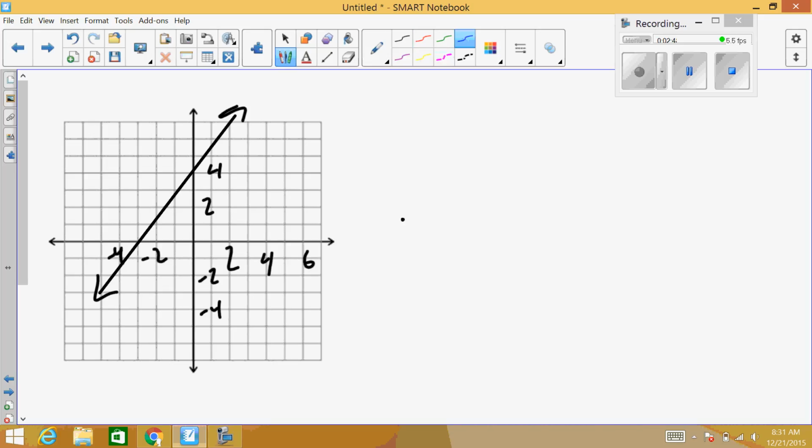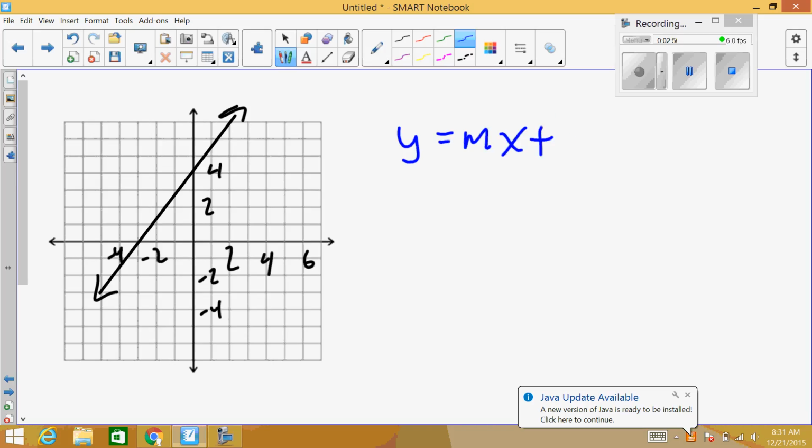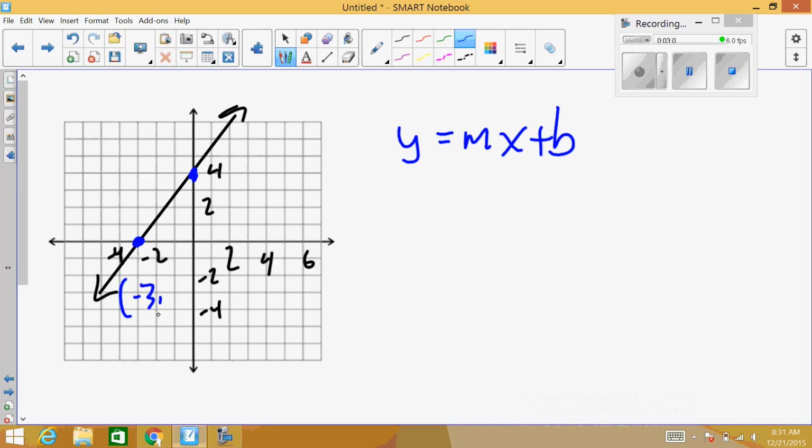If I want to write an equation of this line, I can say y equals mx plus b using slope-intercept form. I can use this point, because that's a point on my line, and I can use this point too. It looks like I've got (-3, 0) for an x-intercept and (0, 4) for a y-intercept.